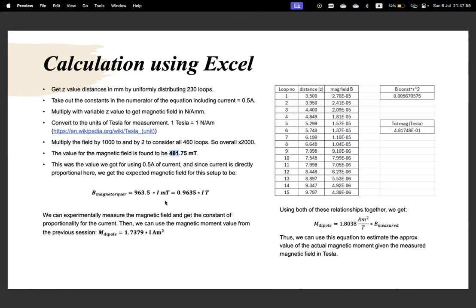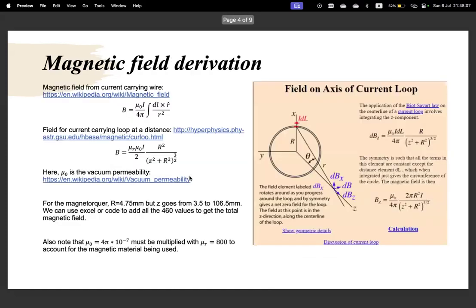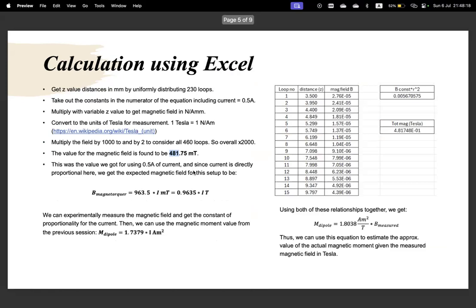If we supply 0.5 amps and then we multiply that by, so in the previous equation, you see there is mu, which is a constant, then there is I, and then this whole portion, that becomes that, and together we're able to get a magnetic field of the torquer.